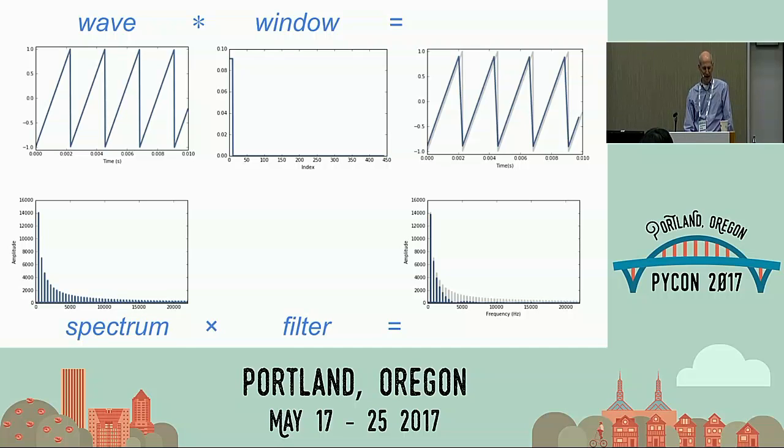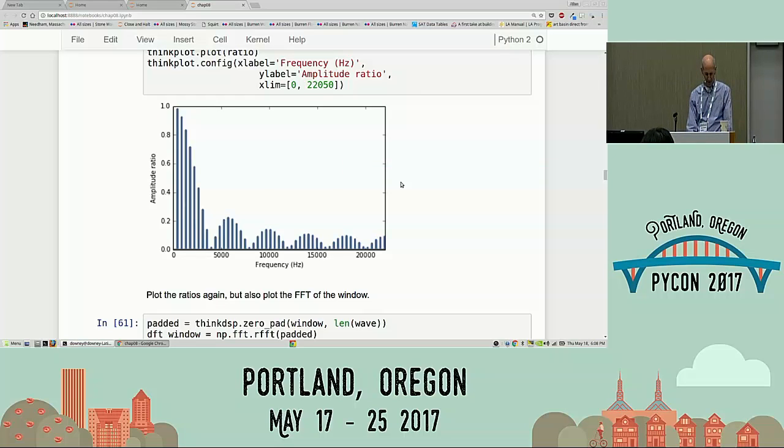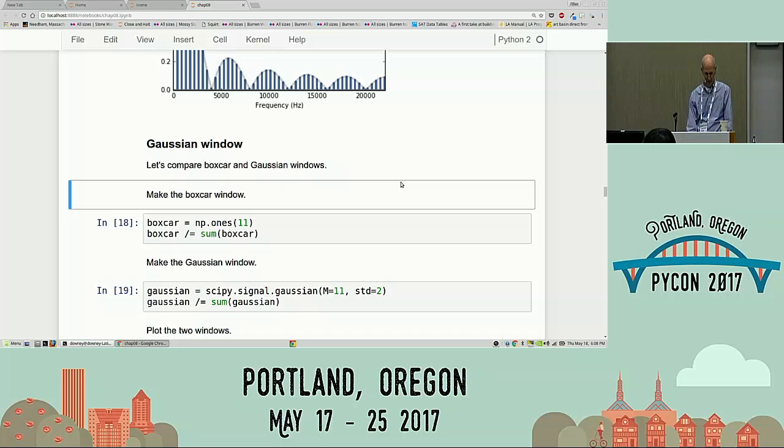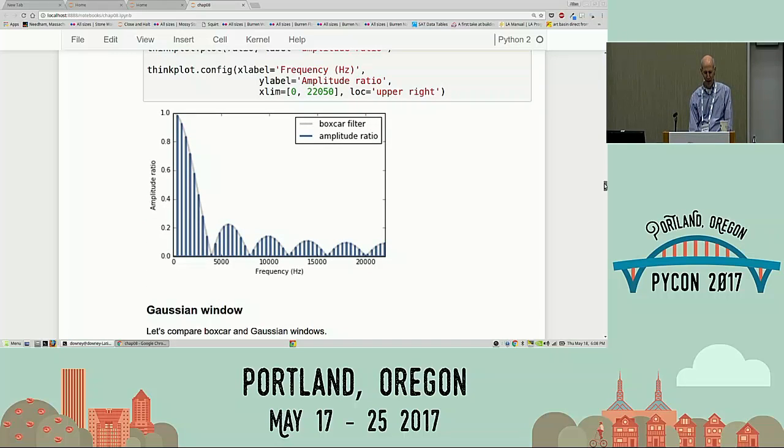It seems like a strange thing to do, but if you've already run this cell, you have seen that gray line is the Fourier transform of the window. And the blue line is the amplitude ratio that we computed. And they match up pretty well.